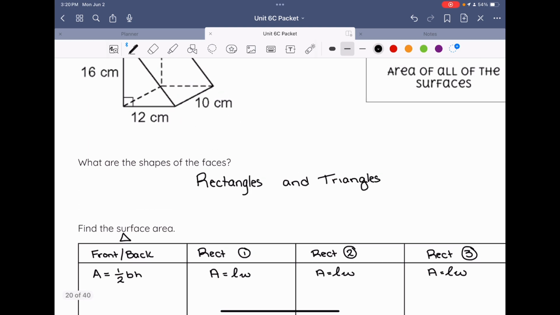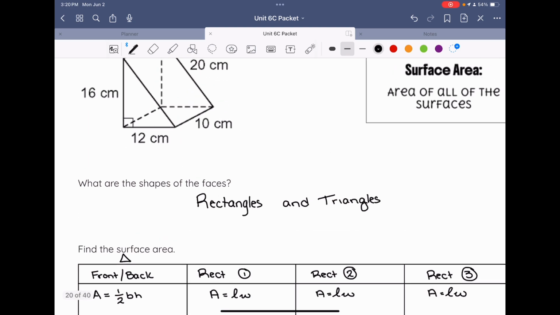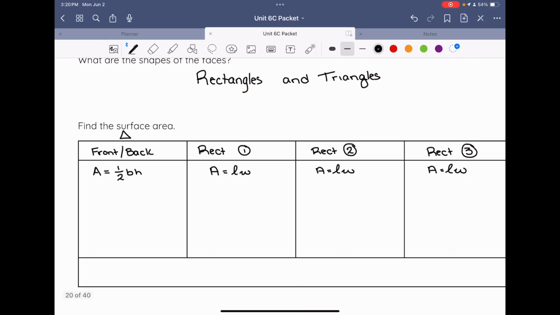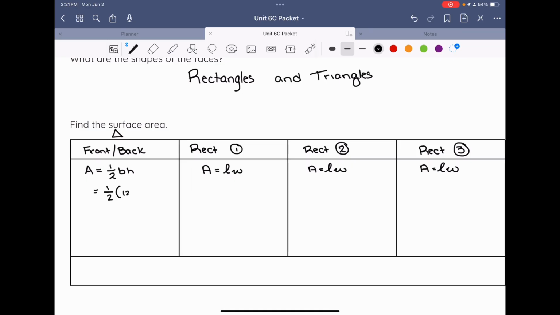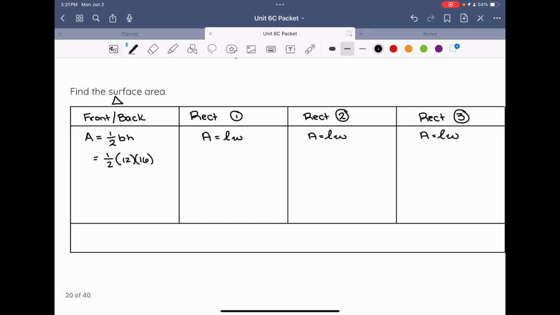Okay, so for my triangle, I have 1/2 and then the base times the height. The base would be 12, height would be 16, so I'm going to plug that in. I'm going to multiply 12 and 16, which is 192.